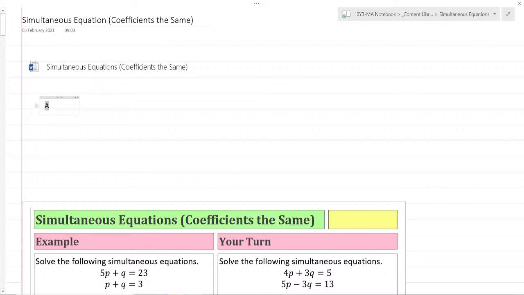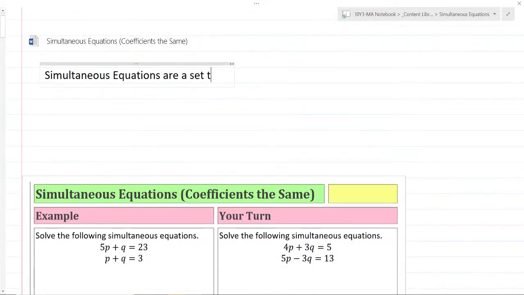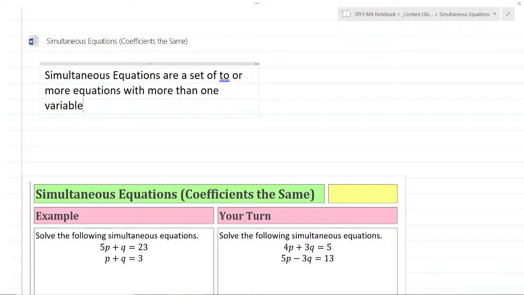A simultaneous equation is a set of two or more equations with more than one variable that can be solved.